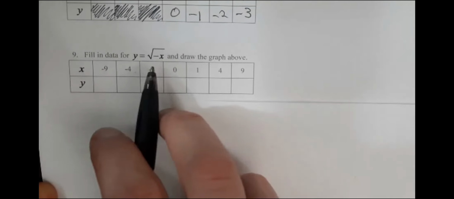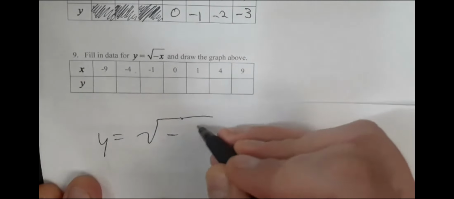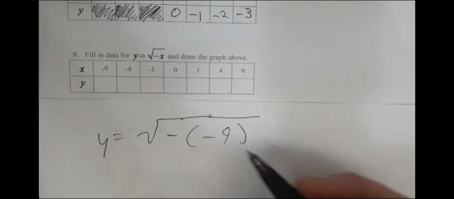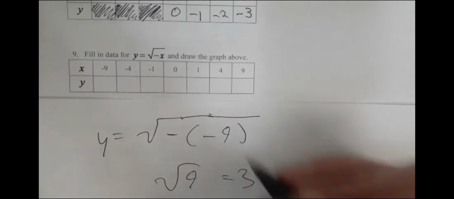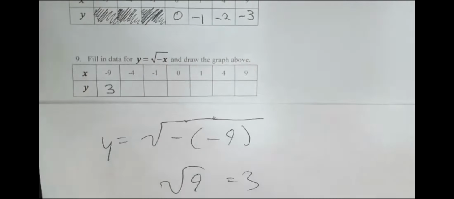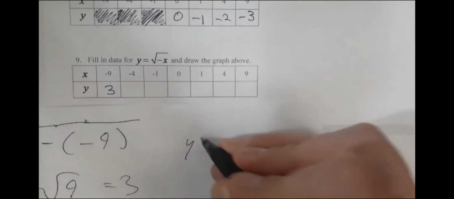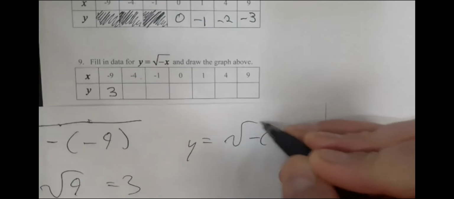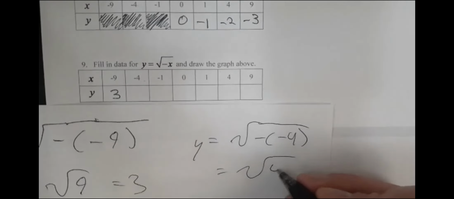So y equals the square root of a minus x. So y equals square root, and the minus is in here. And so the first number I'm going to plug in is a minus 9. So if I do a minus 9, this is the square root of 9. This is going to give me 3. So this does give me a solution here. And when I plug in a minus 4, the double negative thing is happening again.